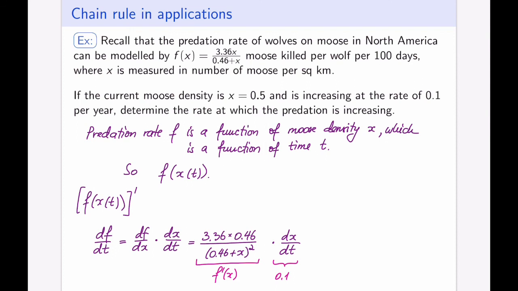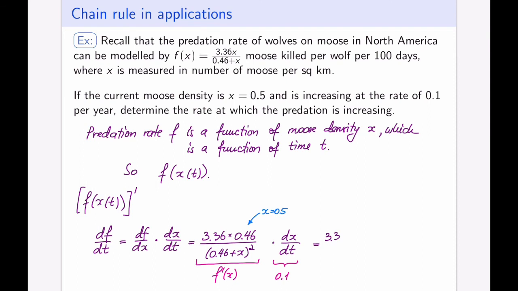And the last piece of information we have not yet used is that at this particular point in time, we're told that x is equal to 0.5. So this is the value that we're going to plug in here.